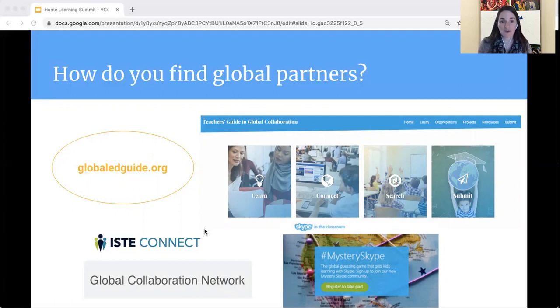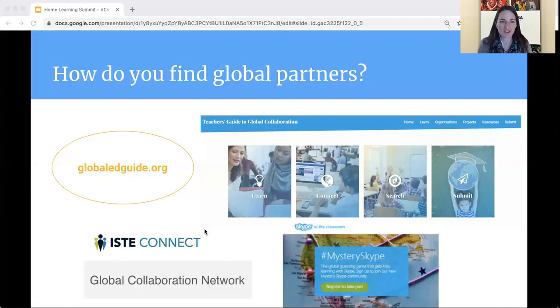There's also great tools out there like Skype Mystery. You'll see other groups as well, like Pen Pal Schools or Edmodo, or also connecting with educators through different Twitter chats. And so for different associations and networks for finding global partners, there is a site called the Global Ed Guide.